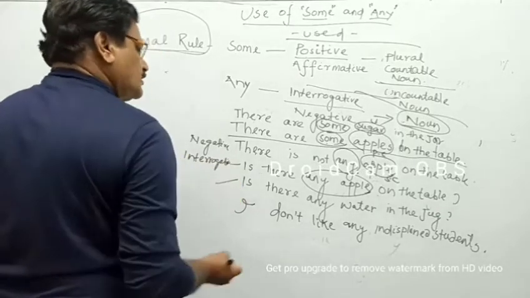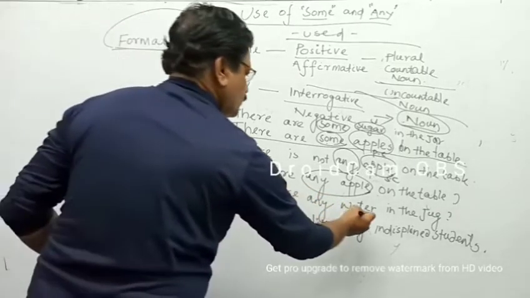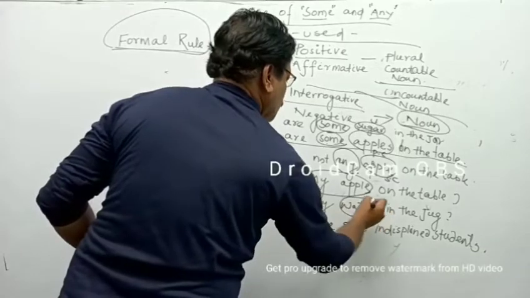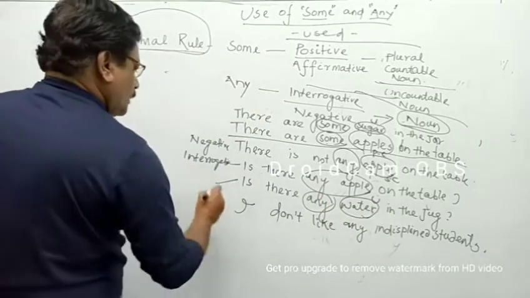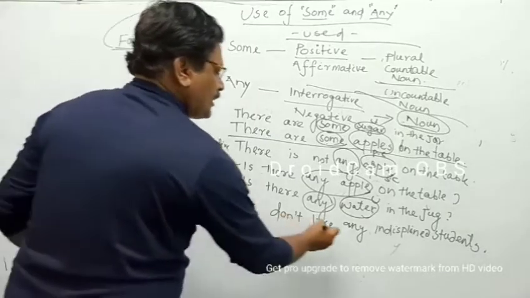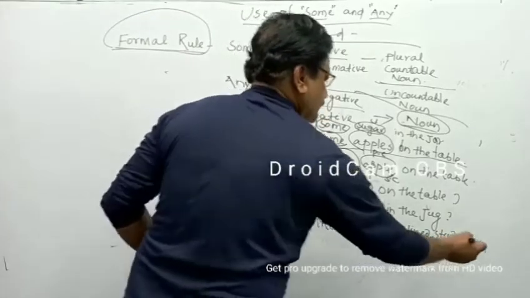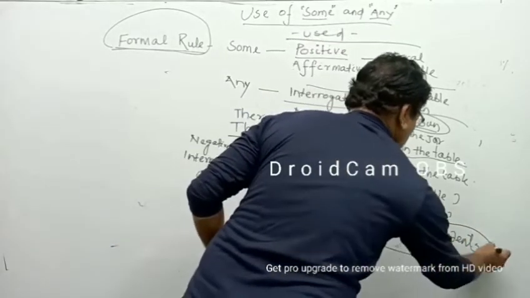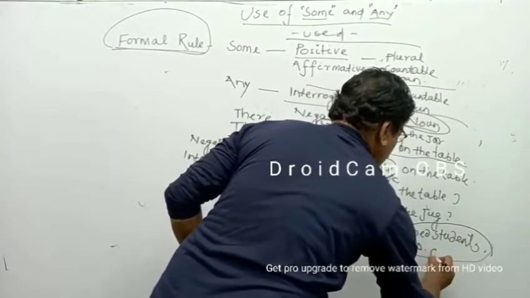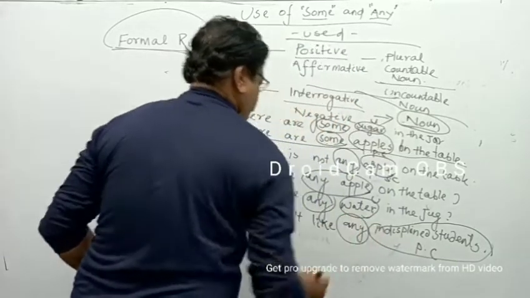Is there any water in the jug? It is an interrogative sentence, and water is uncountable, so you can use any. I don't like any indisciplined students. Indisciplined students is a plural countable noun. We can use any.